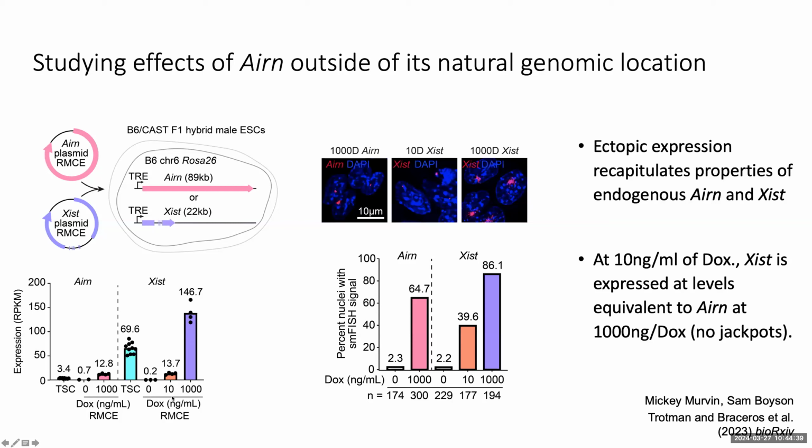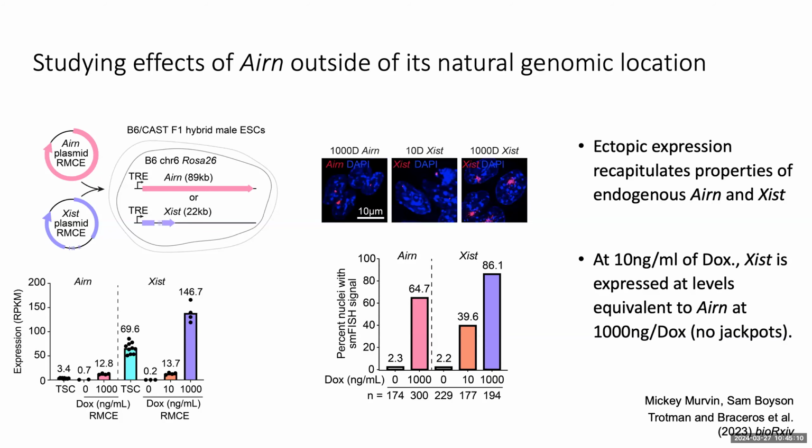If we add 100 times less doxycycline to our Xist-expressing cells, we can create a system where Air and Xist are expressed to roughly equivalent extents. And looking by single molecule sensitivity RNA FISH, what we see is that this low expression of Xist is not entirely explained by just a handful of jackpot cells. We're still detecting Xist RNA even at this low induction setting in a good number of cells.